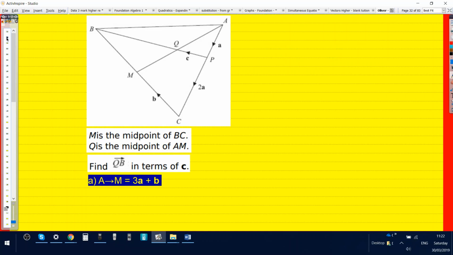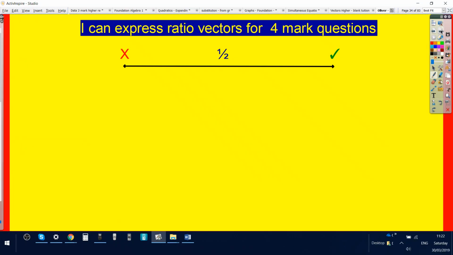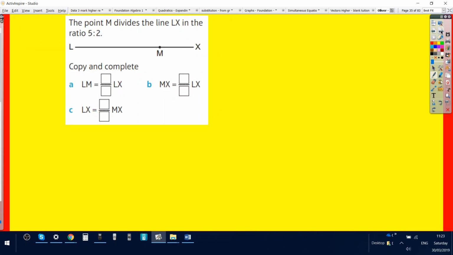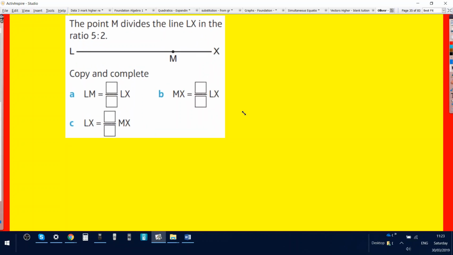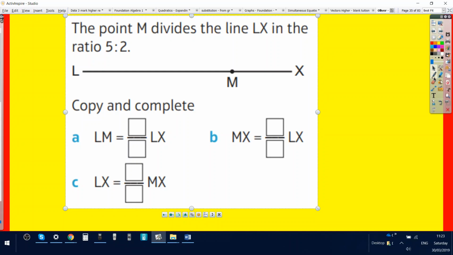Okay, let's try this one. So the answer to part A is there. That's just more of the same. Let's do this one. So it'd be 5/7 LX.